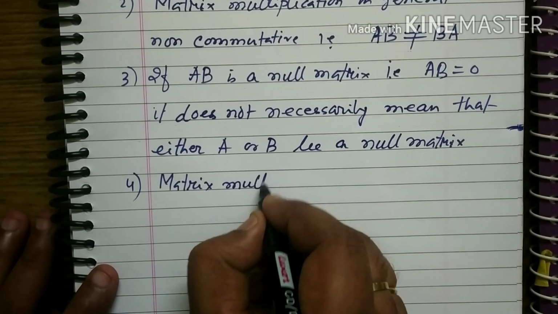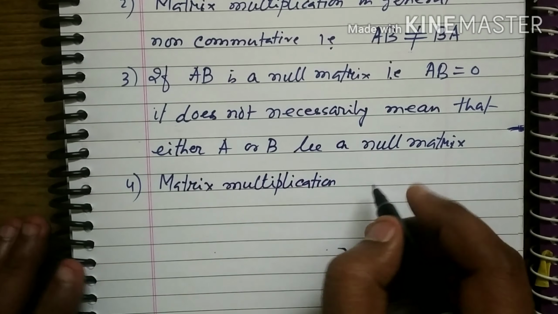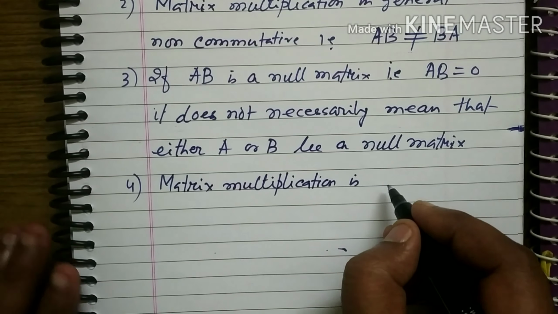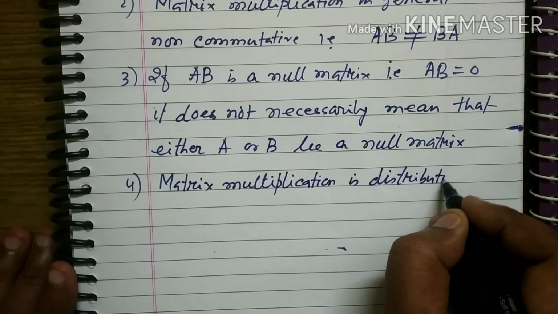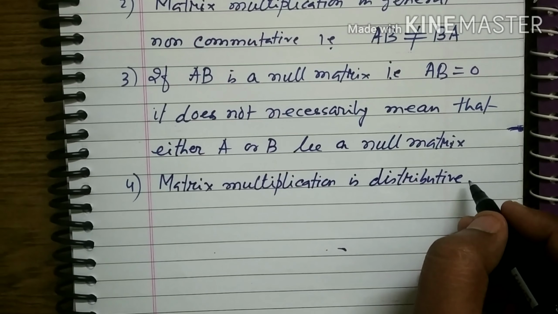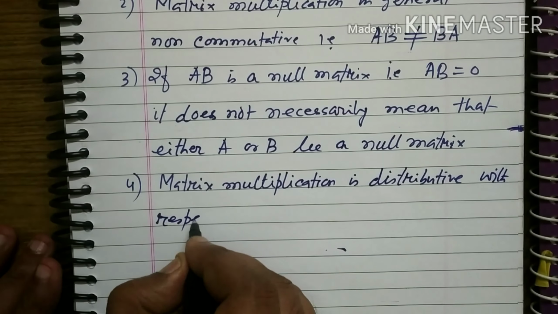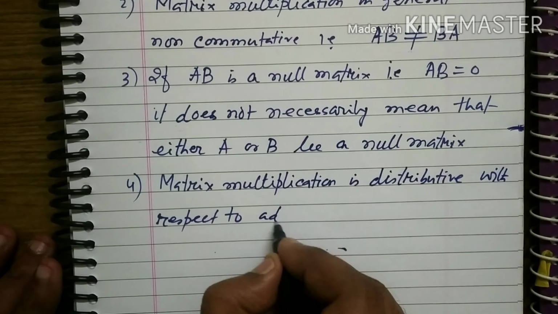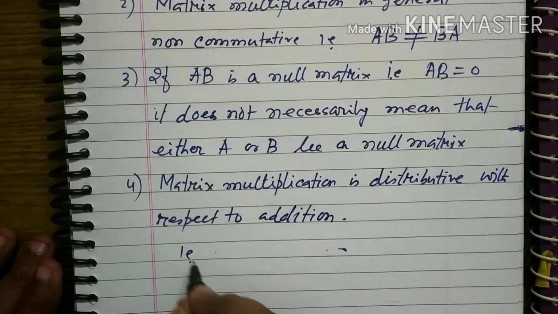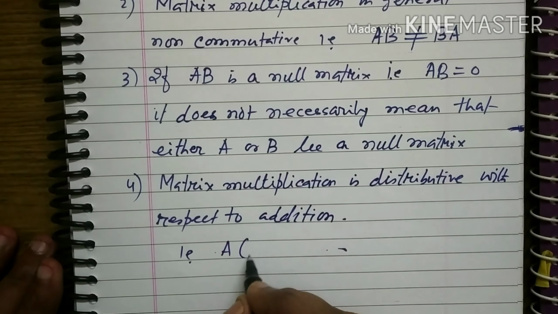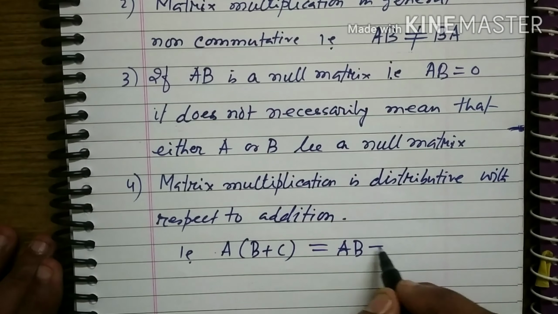Number 4. Matrix multiplication is distributive with respect to addition, that is, A(B plus C) is equal to AB plus AC.